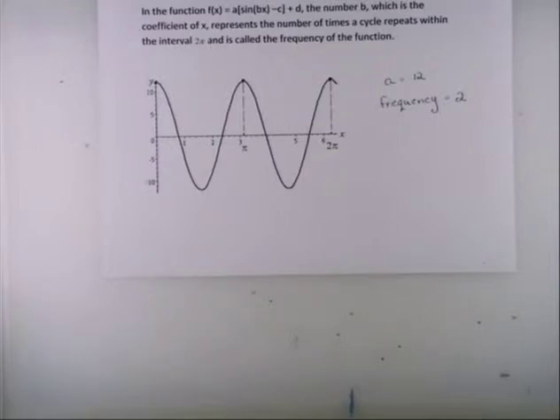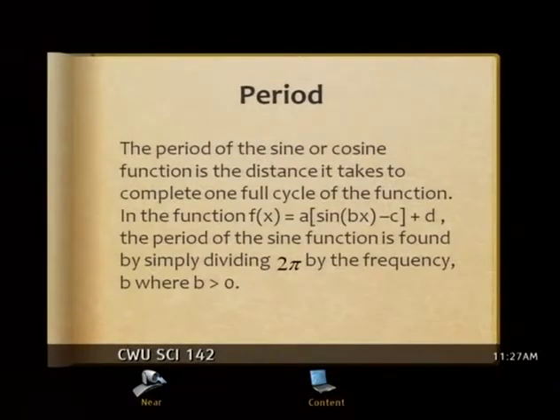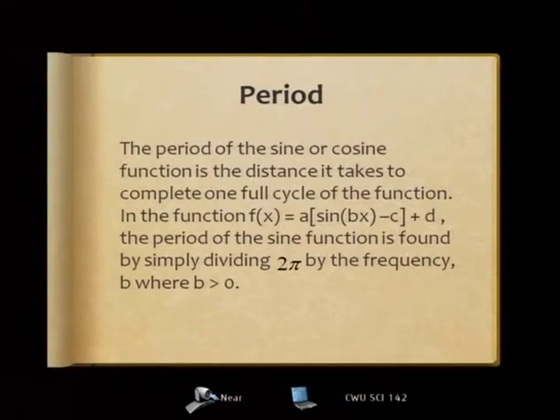I want to give you one more definition. Something very closely related to frequency is period. The period of the sine or cosine function is the distance it takes to complete one full cycle. Frequency counts how many cycles occur between 0 and 2 pi.